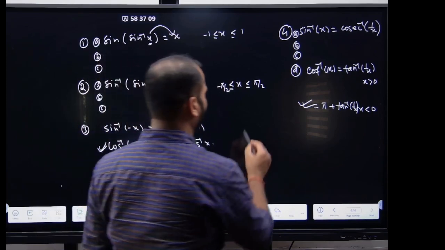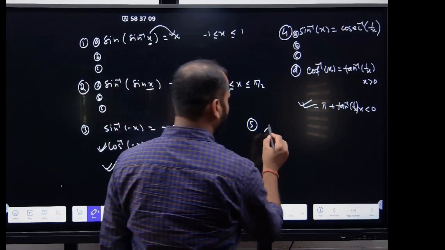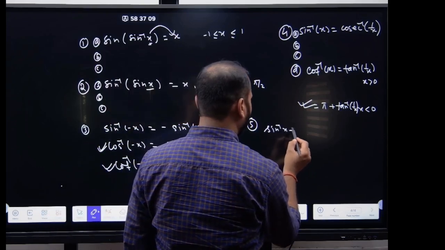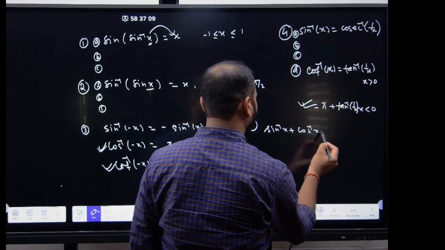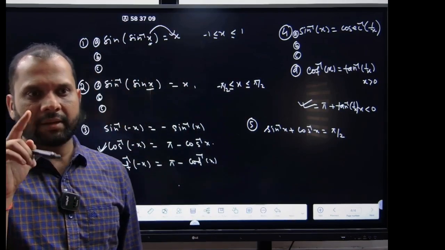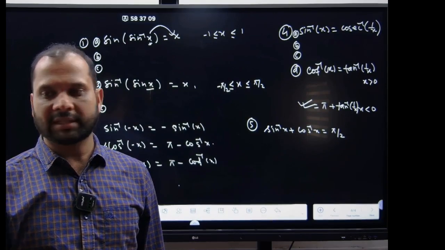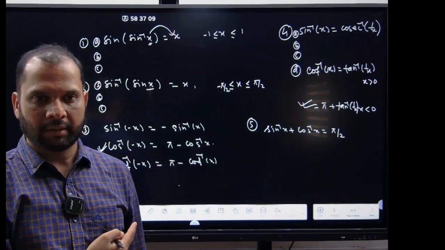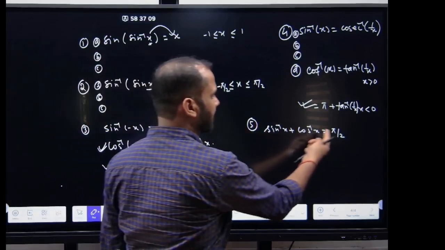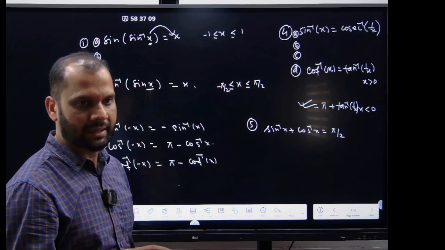After that, fifth property. Sine inverse of x plus cos inverse of x will be nothing but pi by 2. Remember, sine of 90 plus theta is cos theta, or cos of 90 minus theta is sine theta, same thing. The sum of the angles A plus B is 90 degrees, so sine will convert into cos, cos will convert into sine.